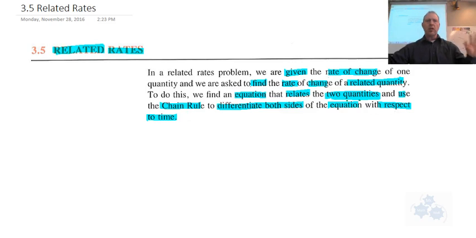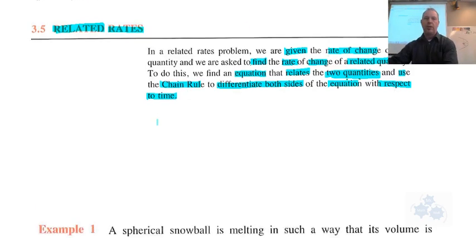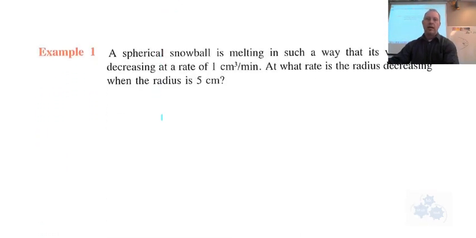Okay, so let's take a look at an example. Here's example 1, and you might want to jot this one down. I think it is in your textbook, but if you want to jot down some of the important information that I'm going to highlight here, you might want to jot down this. We have a spherical snowball that is melting, such that its volume is decreasing at a rate of 1 centimeter cubed per minute.